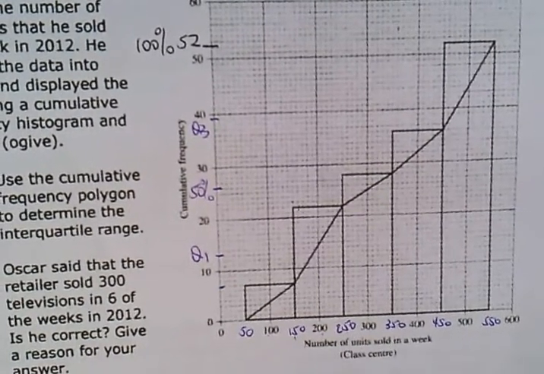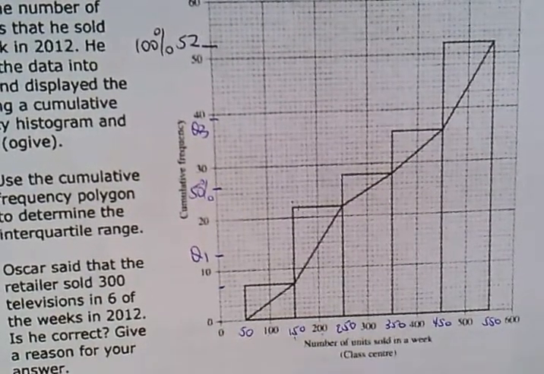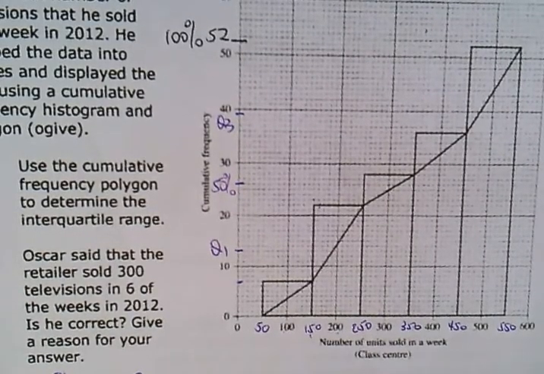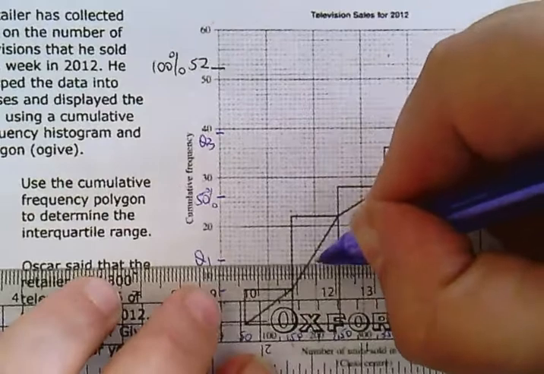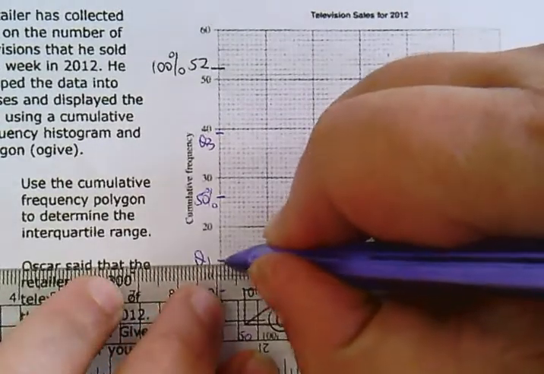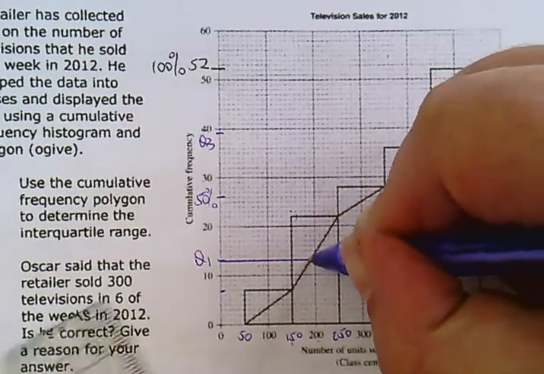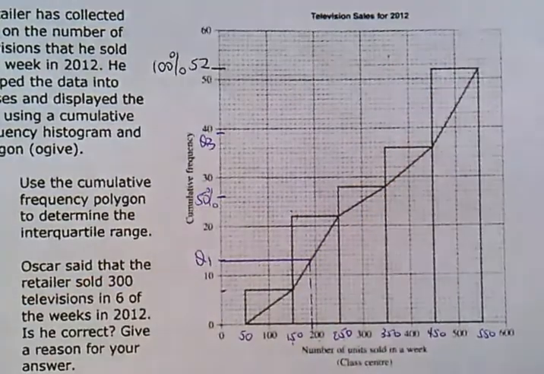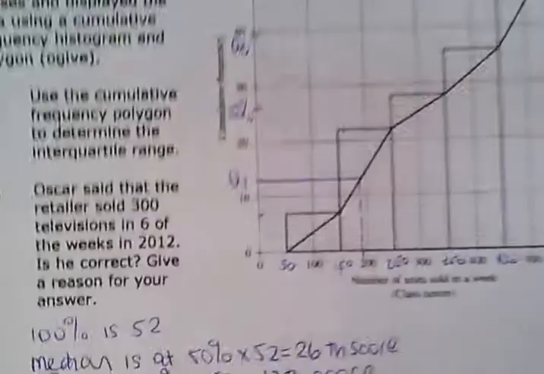So we have to come across with our ruler and read off on the horizontal axis what Q1 and Q3 are. So coming across at Q1, and then coming down, it looks like it's one box before 200.